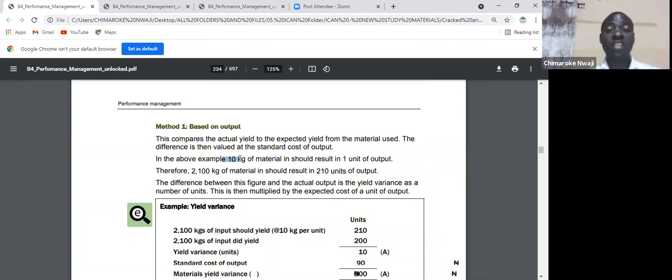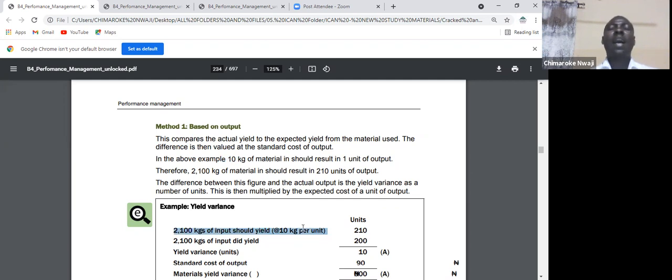So that is what is called yield variance. 10 kilograms of materials should yield 1 unit of output. Therefore, 2,100 kilograms of material should yield 210 units of output. That is what it says here.